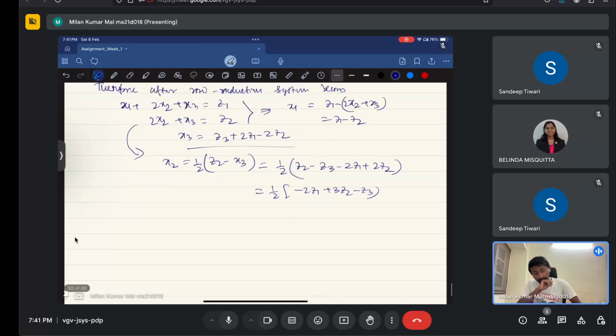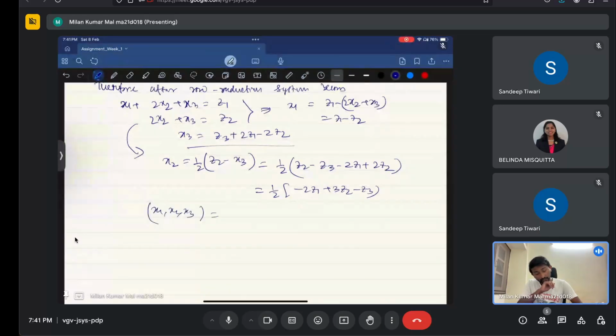So what we have: x1, x2, x3 in terms of z1, z2, z3. x1 is equal to z1 minus z2, x2 is equal to 1 by 2 (minus 2z1 plus 3z2 minus z3), and x3 is equal to z3 plus 2z1 minus 2z2. So this is the thing.